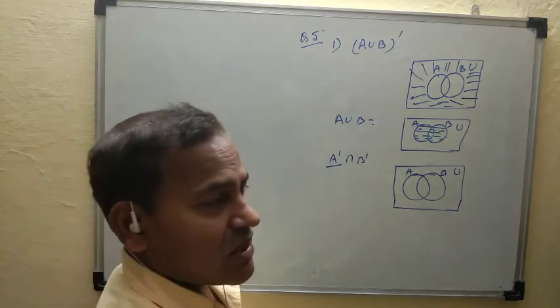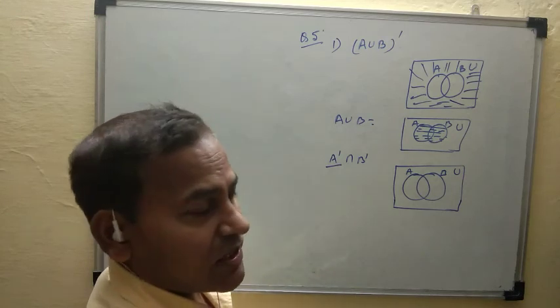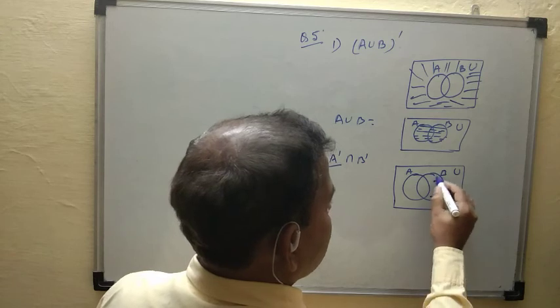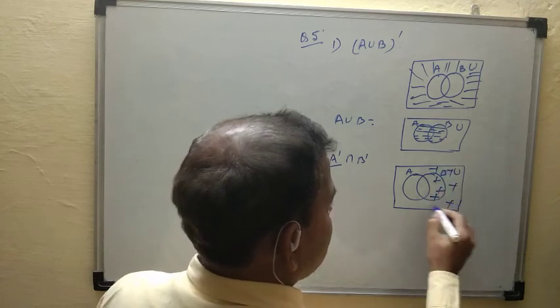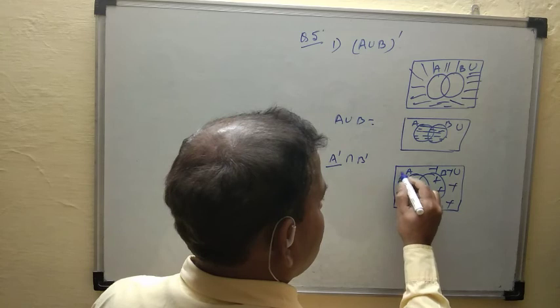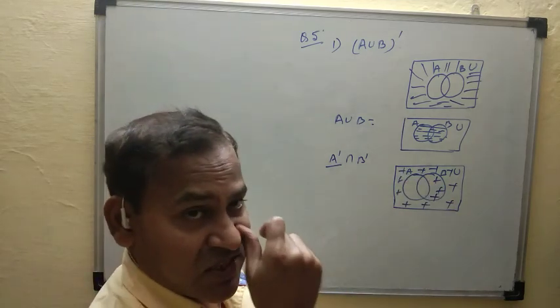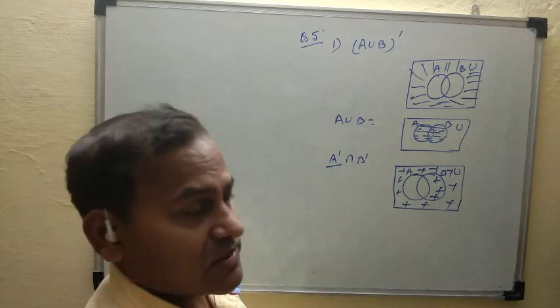A dash means outside of A, that is this one. Outside of A. So the plus sign marks the Venn diagram of A dash.